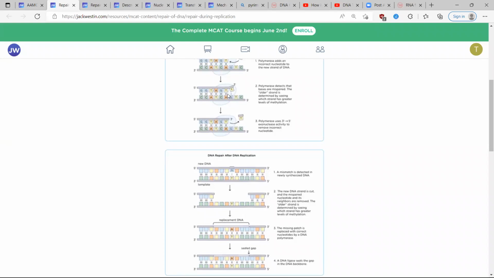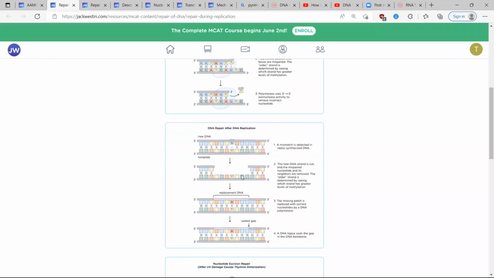This is called exonuclease activity because it's working at the end of the strand. That's what exo means. If it was working in the middle of the strand, this is called endonuclease activity. A nuclease is an enzyme that cleaves nuclear material.